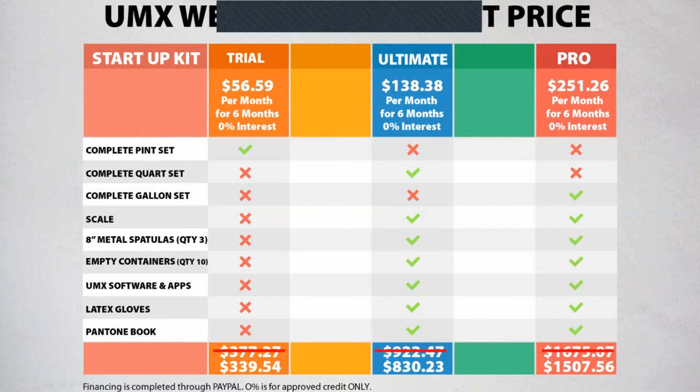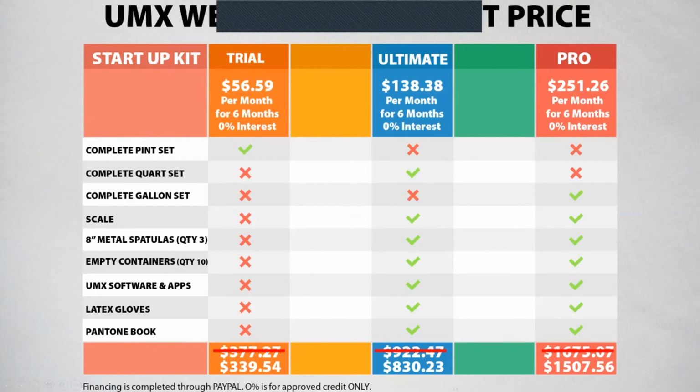On the starter kits, we have the trial, the ultimate, and the pro. The trial is a pint set of the UMX system. Normally it's $377.27. It's on sale for $339.54. The quart set, normally $922.47, on sale for $830.23.